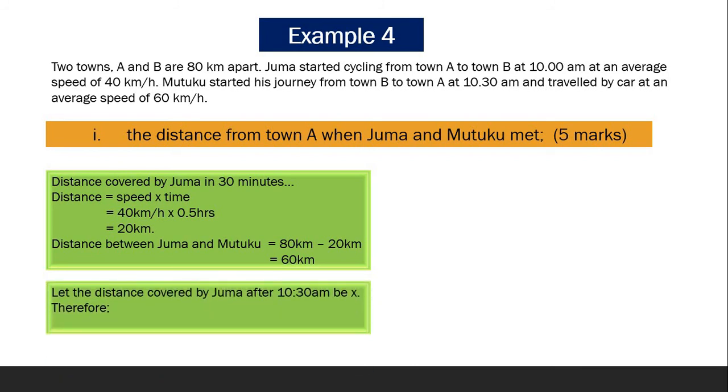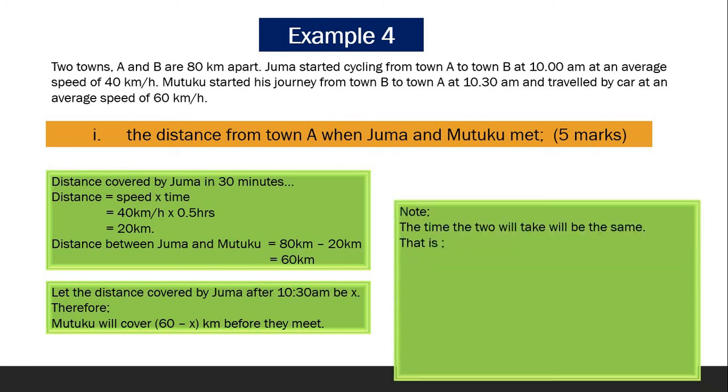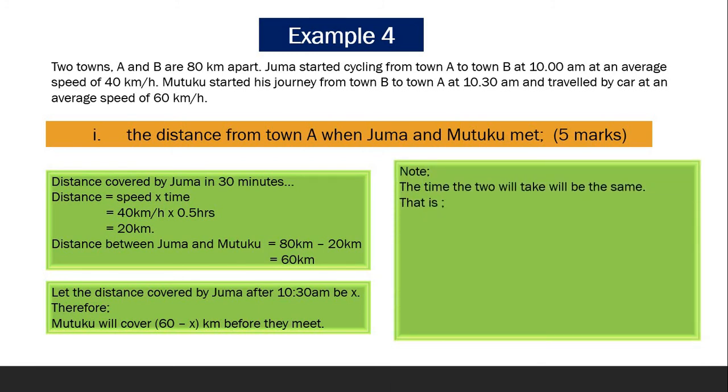Let the distance covered by Juma after 10:30 a.m. be x. Therefore, Mutuku will cover 60 minus x kilometers before they meet. Note, the time the two take to meet will be the same. That means x over 40 equals 60 minus x over 60. Time will be the same.